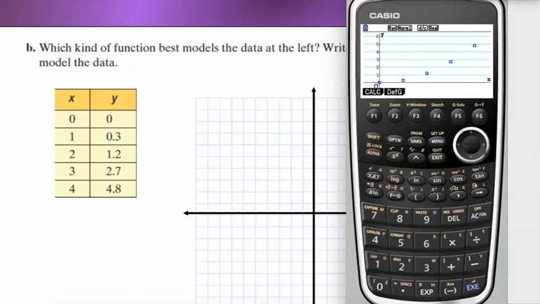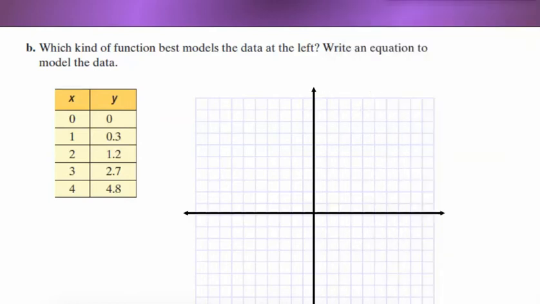And this definitely looks like it is maybe exponential. However, there's no way to get a 0, 0 out for an exponential. So let me show you. y equals a times b to the x.